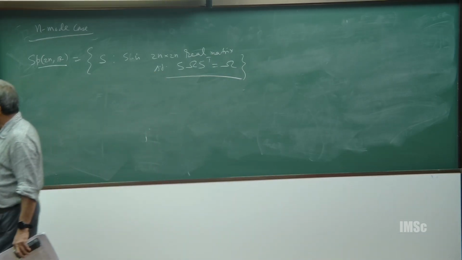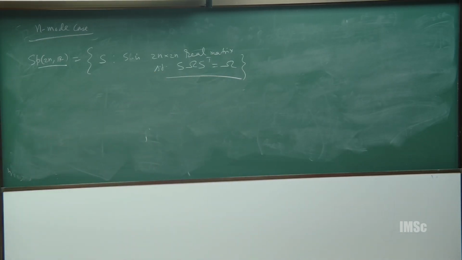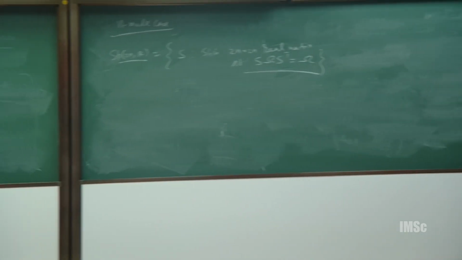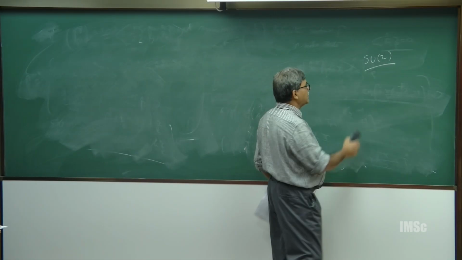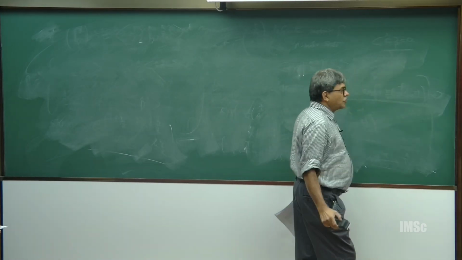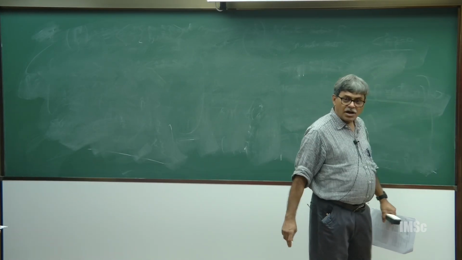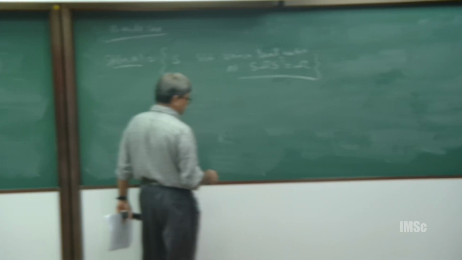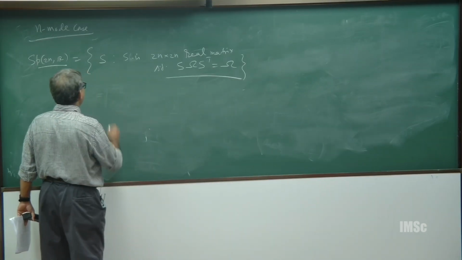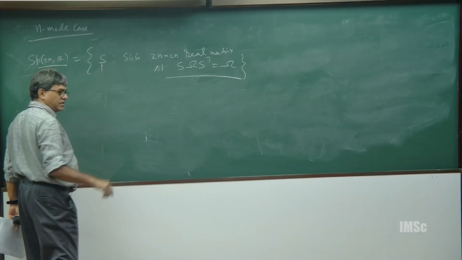Like for SU(2) we say that the defining representation is a 2 by 2 special unitary matrix, but it can be something else. Anyway, so now the question is how many real parameters are there to characterize such a matrix.